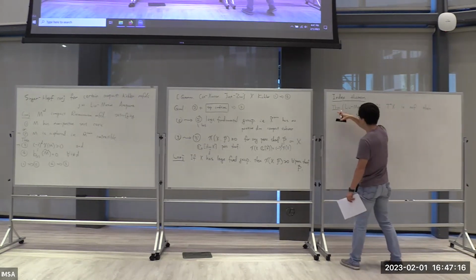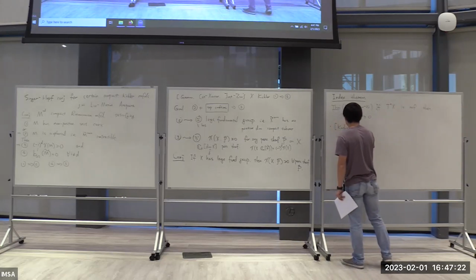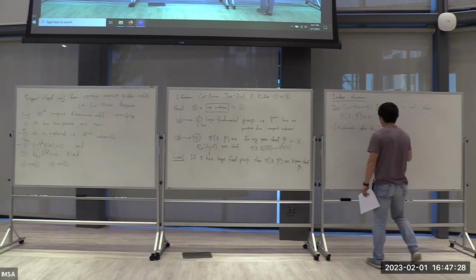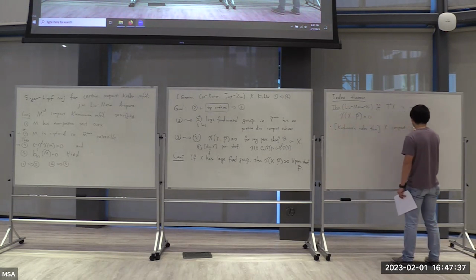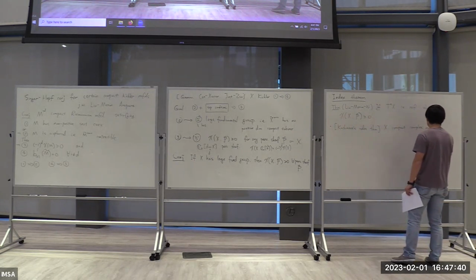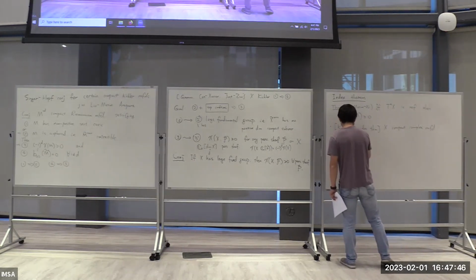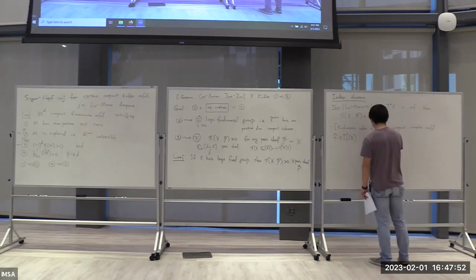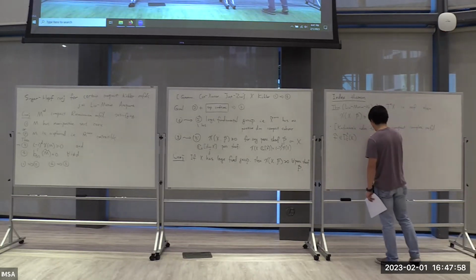To get to this theorem, the first thing we need is the Dubson–Kashiwara index formula. It says this: let X be a complex manifold, and let F be a bounded constructible complex on X over some field, you can do C, you can also do other fields.